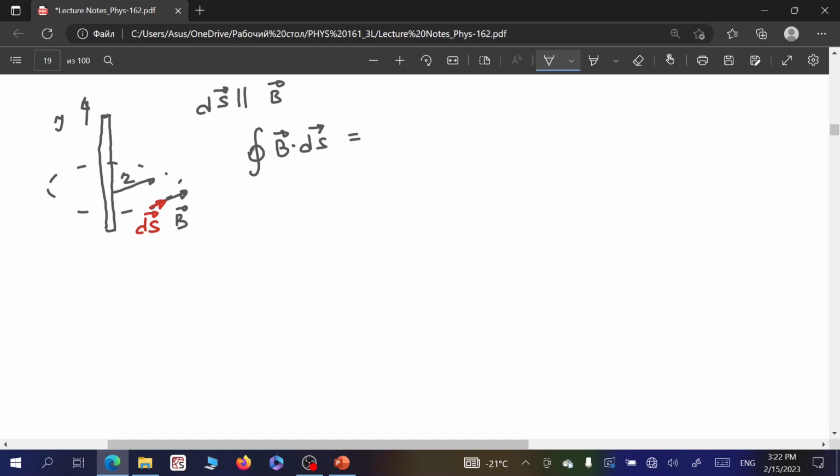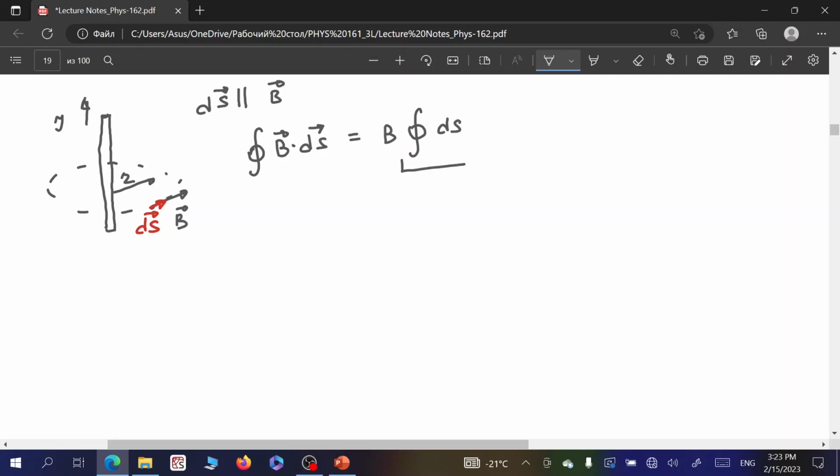And will the magnitude of the magnetic field change if we move around the circle? No, it will not. It will be the same because of the radial symmetry of the magnetic field created by this linear conductor. So we can factor out the constant magnetic field from the integral. Here we have the integral over the closed circular loop, and here is ds.